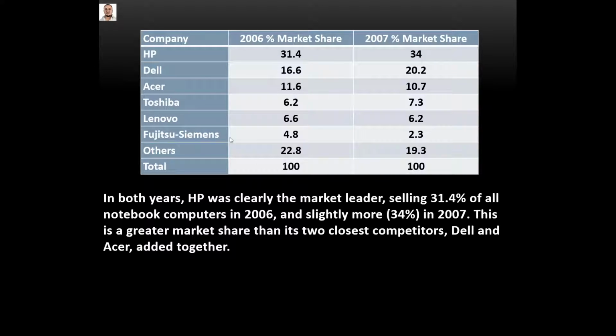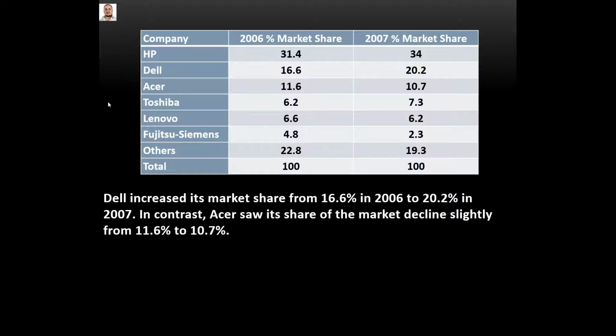This is a greater market share than its two closest competitors, Dell and Acer added together. This is the first comparison. I compared HP, the market leader. How do I know it's a market leader? I've just interpreted the table into words. HP with Dell and Acer. Then we come to the second comparison. Dell increased its market share from 16.6% in 2006 to 20.2% in 2007.